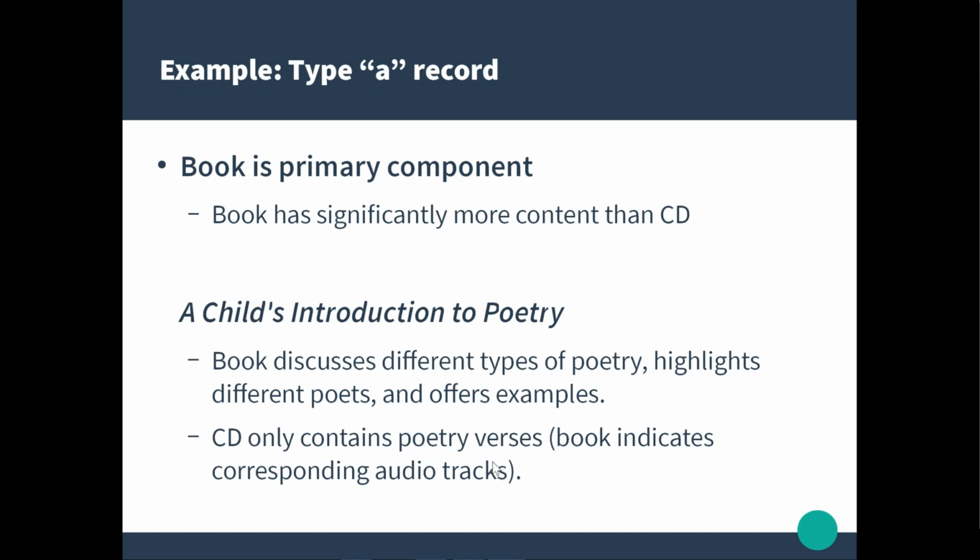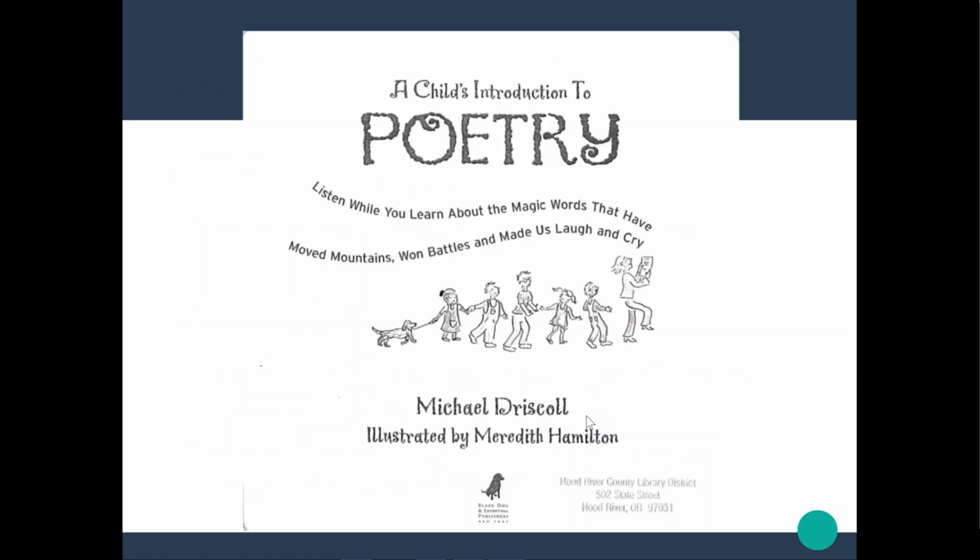So here's an example. It's a child's introduction to poetry. And just to give you some background, the book discusses different types of poetry, highlights different poets, and offers examples. And the CD actually only contains the poetry verses, the examples of verse.